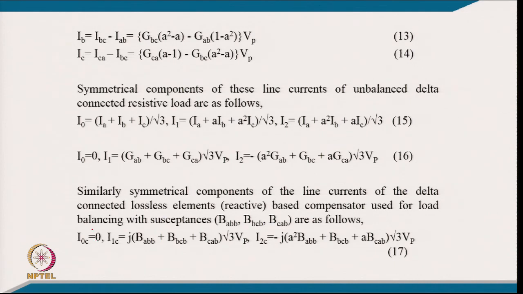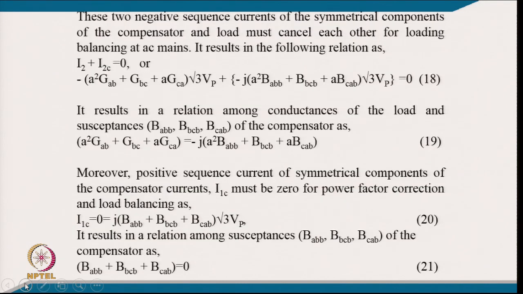But the compensator for I1 must be just compensating, equivalent to this, and for the negative sequence, the compensator current should be equivalent to this. So, it means you are taking all the reactive part of it, leaving the resistive part here. That corresponds to your compensator positive sequence current and negative sequence current, and zero sequence is 0 here, because zero sequence cannot flow in this case.